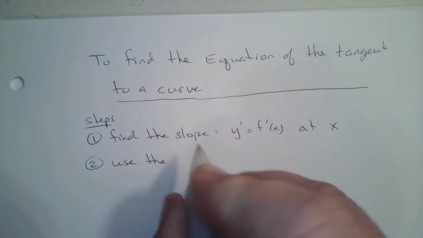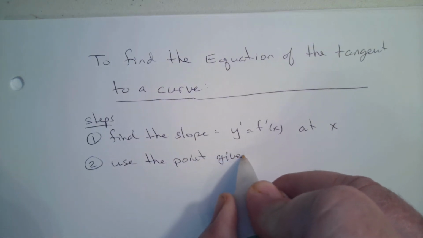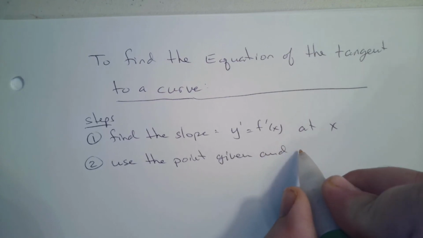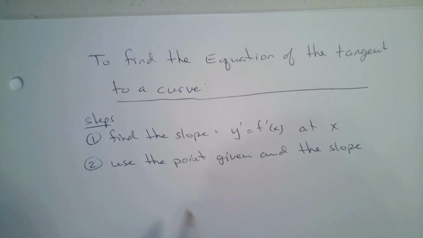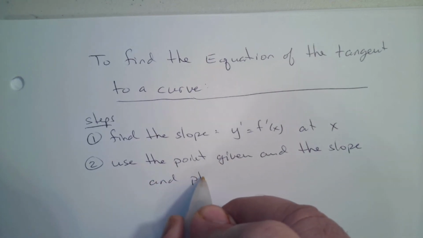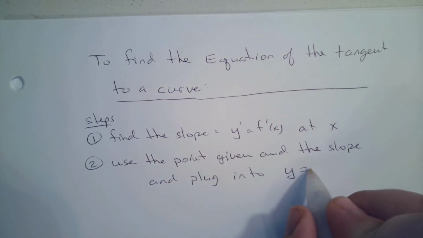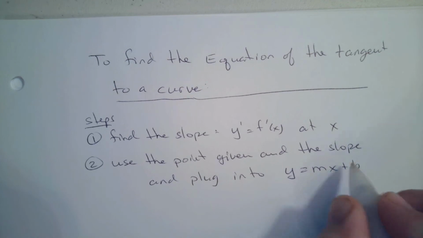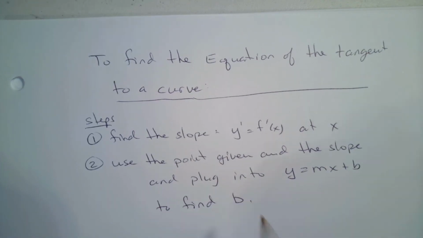Then use the point given and the slope and plug into y equals mx plus b to find b.